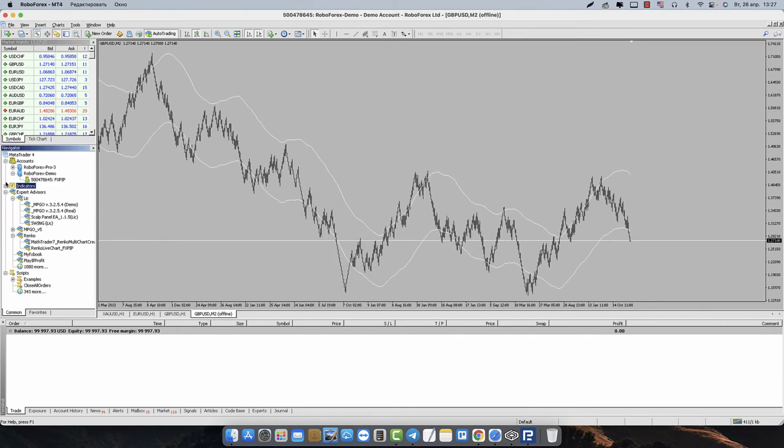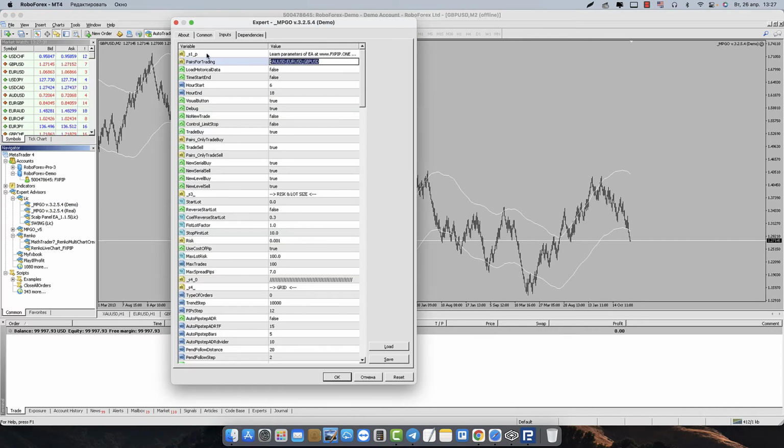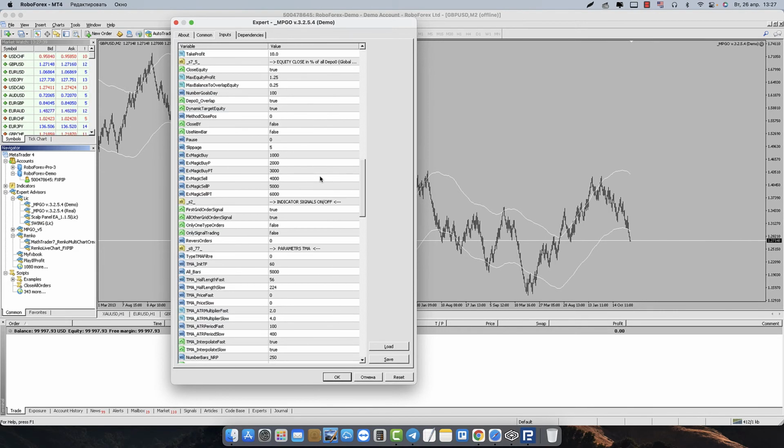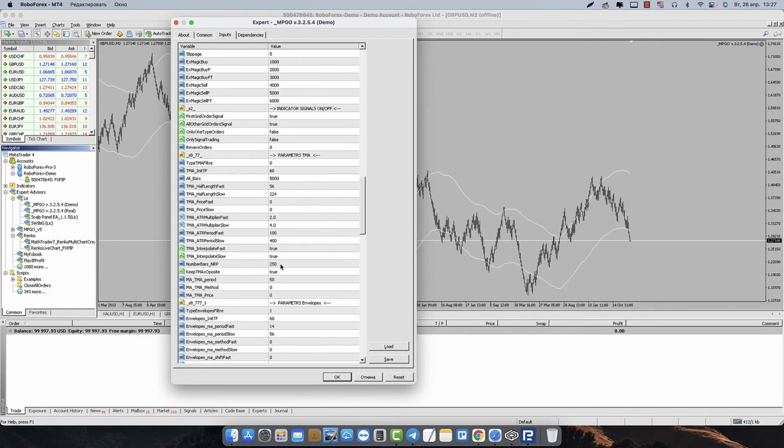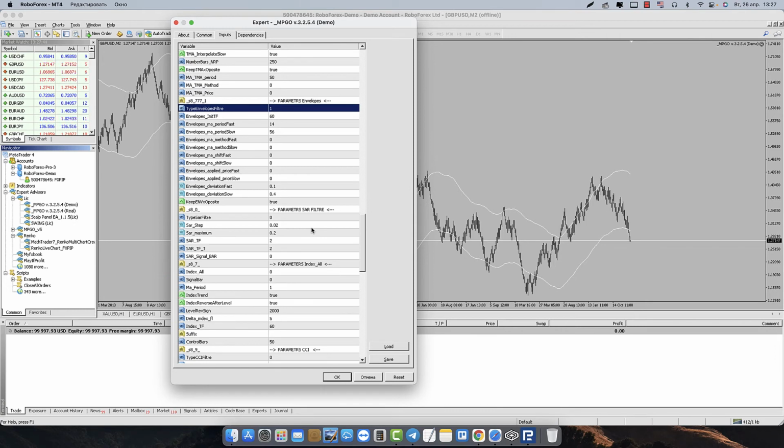In this case, if you attach the robot, for example, we only test GBP/USD, we will do the same envelope number 1, time frame 2, but deviation, as we said, will be 5. So there will be a buy signal at current.